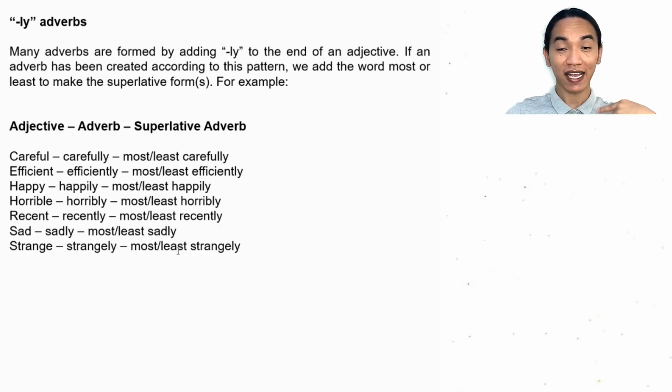Now you make the superlative form, you add most, okay? Or least. Most carefully, least carefully. Efficiently, most efficiently, least efficiently. All right? And you can see some of those examples here more on this part, okay? Now, this is for the adverbs with ly. So add most or least.